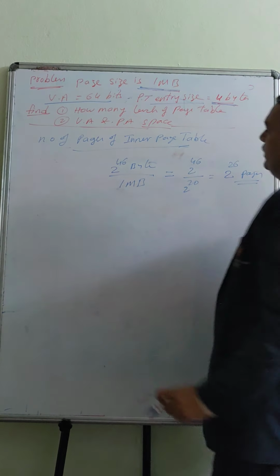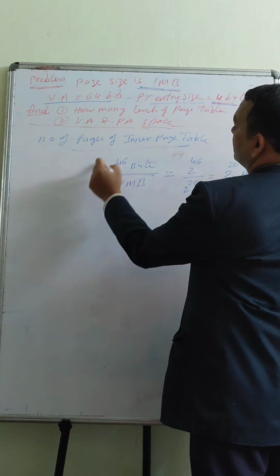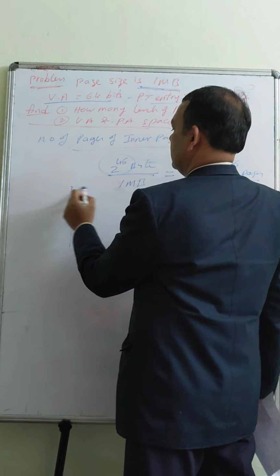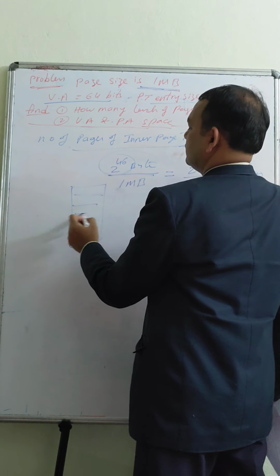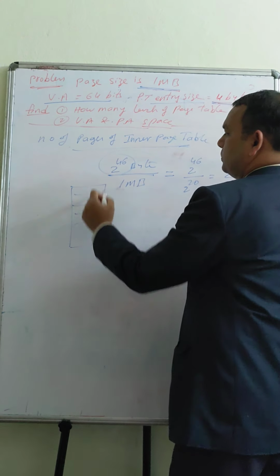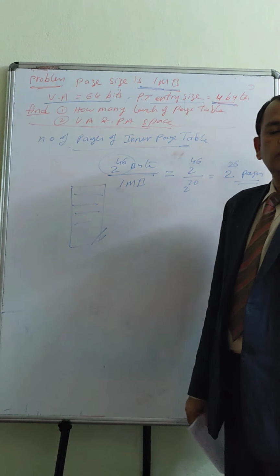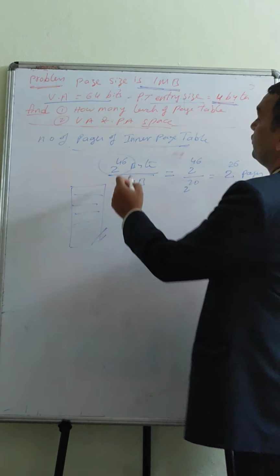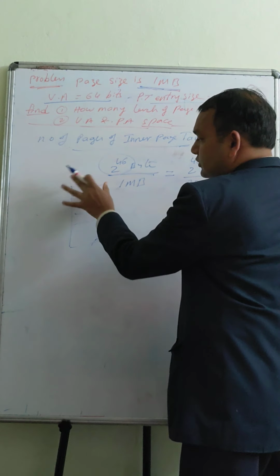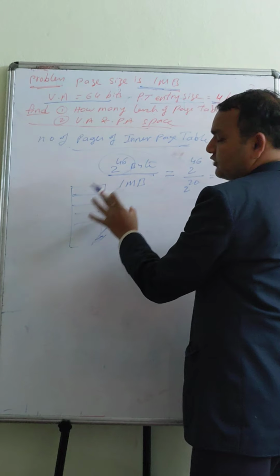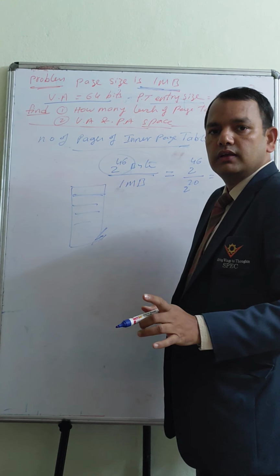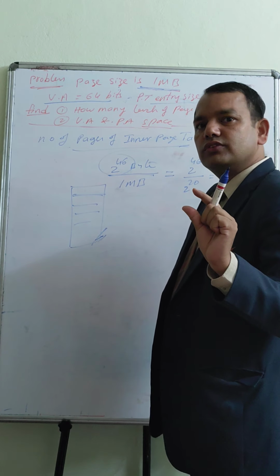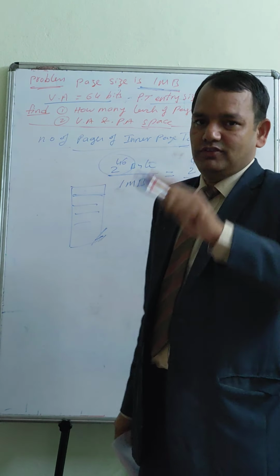Now I'll explain once again what this 2 power 46 is. This 2 power 46 is the total page table size. The memory required for this page table is 2 power 46 bytes. This entire page table has to be divided by a single page size. If you divide by a single page size, we get the number of pages.